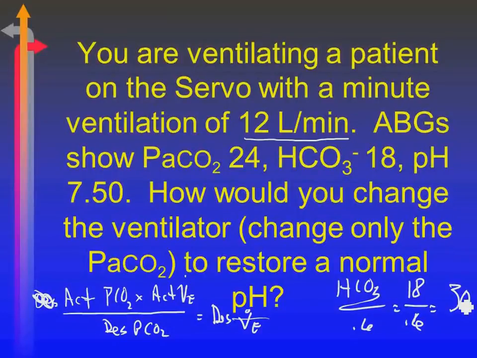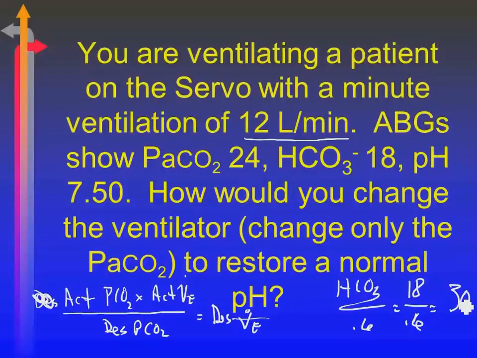What would happen if I were to correct this to a normal CO₂? It won't be acidotic. It'll be alkalotic, because I would correct too far. You're alkalotic right now, but they would still be alkalotic, because I'd be blowing off more CO₂ to get back to that 40.